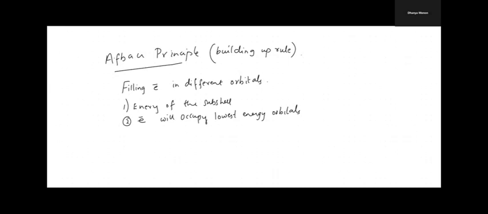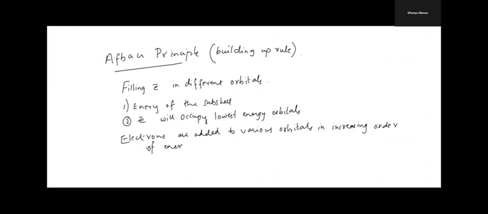So, Aufbau principle states that electrons are added to various orbitals in increasing order of their energies.